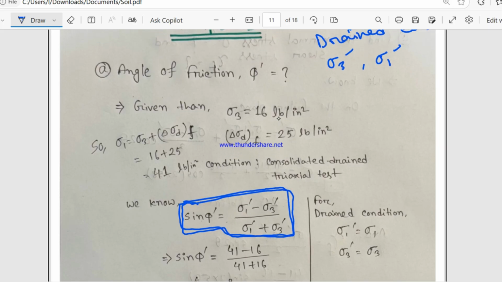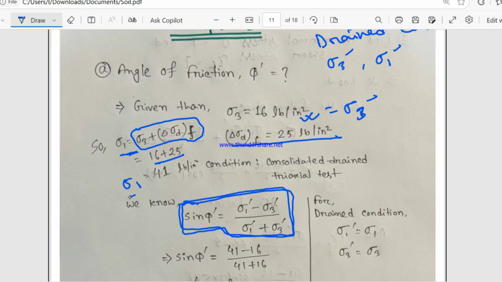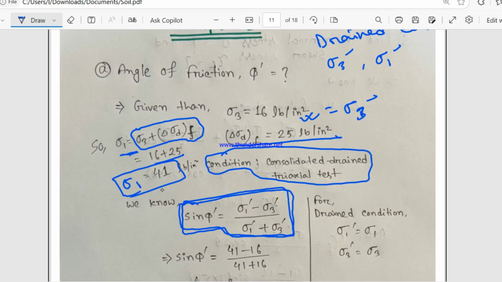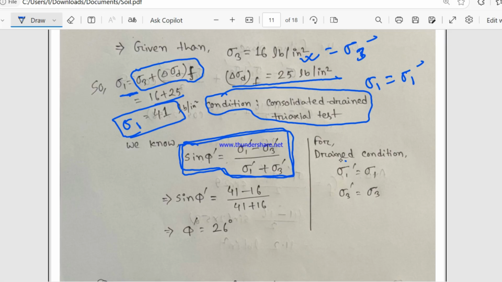Sigma 3 is 16, so this is also sigma 3 prime, and the deviator stress is 25. The formula for sigma 1 is sigma 3 plus deviator stress, so 16 plus 25, which is 41. As the condition is consolidated drained, sigma 1 equals sigma 1 prime and sigma 3 equals sigma 3 prime.